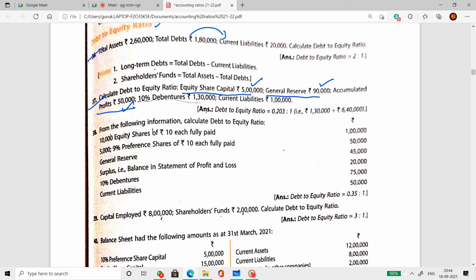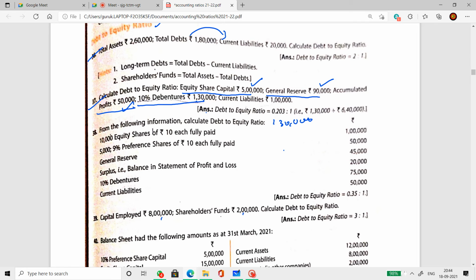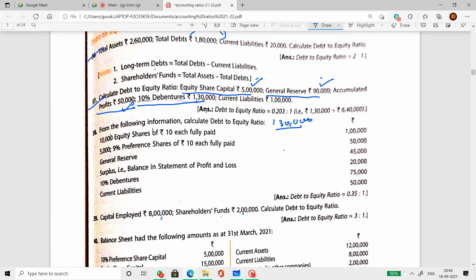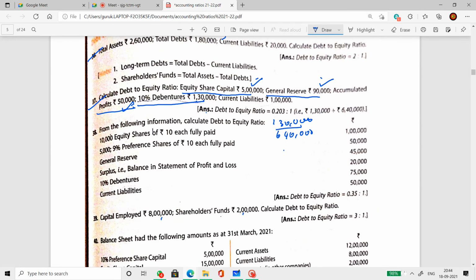And long-term debts here is only debentures. Current liability will not be part of long-term debts, as we know. The liability is a short-term debt. So 1,30,000 divided by the total that you get when you add 5 lakh plus 90,000 plus 50,000, which is 6,40,000, will be the debt to equity ratio here.